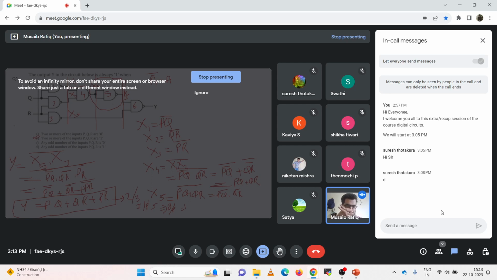A majority gate is an n-input gate where n is odd, and where more than half of the inputs are 1, the output will be 1. So it is a three input majority gate where output will always be 1 if two or more inputs are 1. You can look this up.